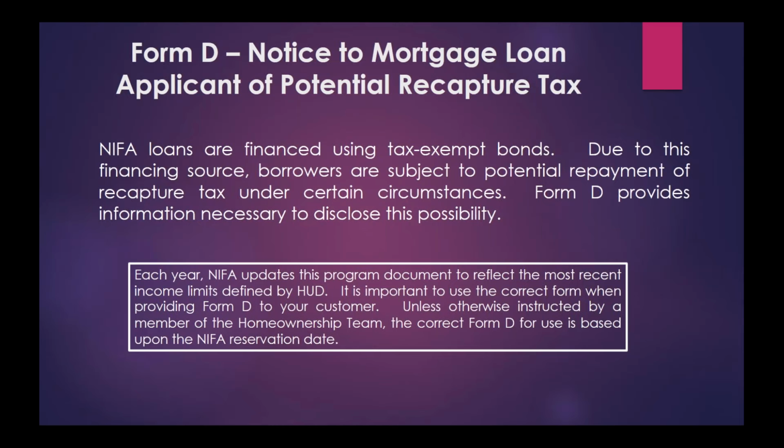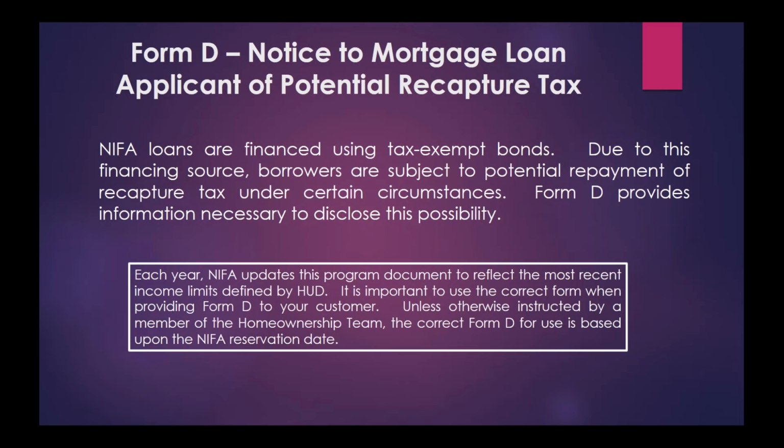And each year, NIFA updates this program document to reflect the most recent income limits defined by HUD. It is important to use the correct form when you're providing this to your customer. So unless otherwise instructed by a member of the homeownership team, the correct Form D for use is based upon the NIFA reservation date.